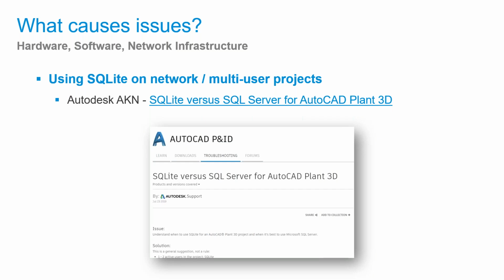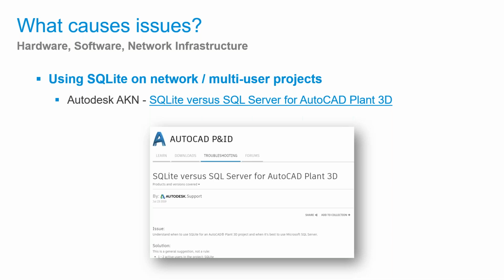And then, one thing I want to mention is about SQLite. So SQLite is basically the out-of-the-box type of setup. If you just go in and install Plant 3D and create a new project locally, it's just using that file. It's a file-based database. And we have seen some customers trying to use a SQLite project on a network with multiple users. Basically the SQLite documentation recommends against that because it's just not really good for file locking and things like that with the way that it works.